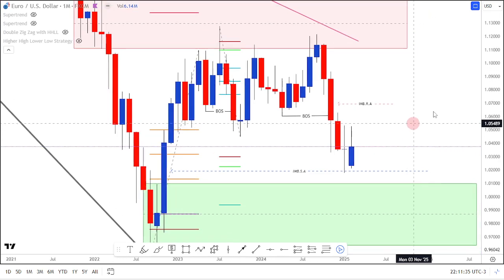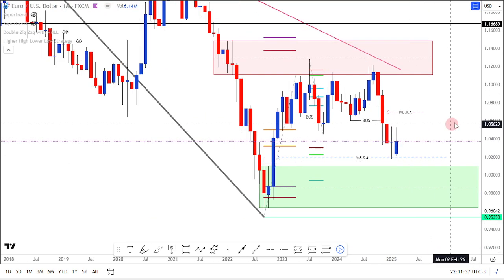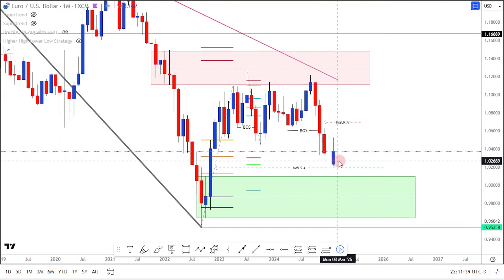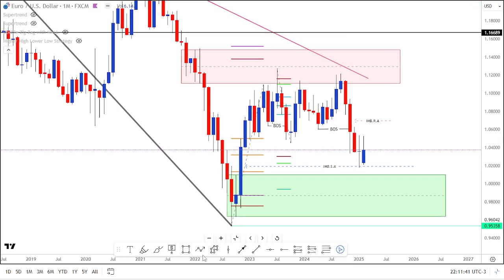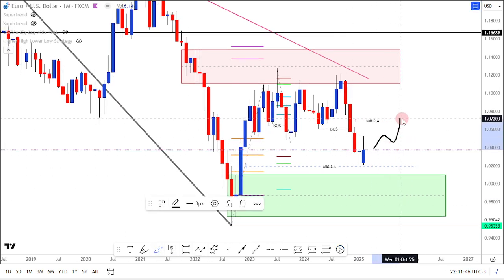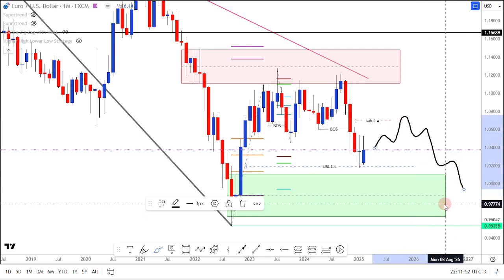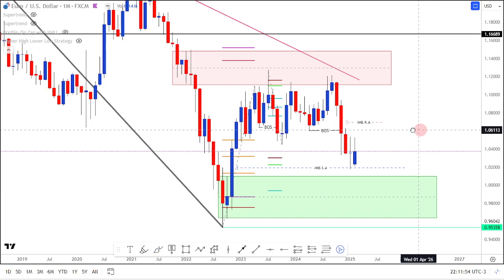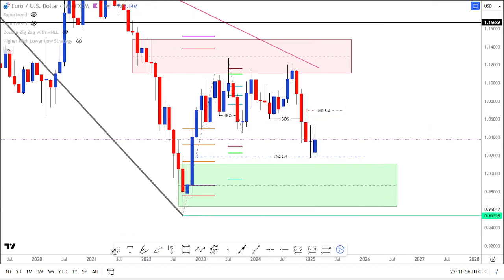I really don't know if that is going to happen immediately, but that's what I would like to see. So maybe the market is going to just go up once it opens next week, tested this imbalance resistant area before going down. We will see. All right, so let's keep our eyes peeled and see how the market will play out here.